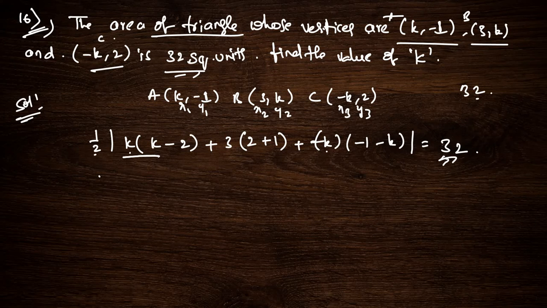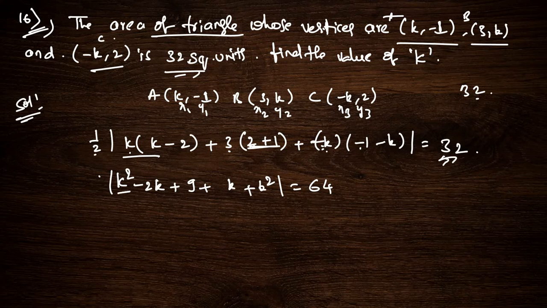So k into k square minus 2k plus 3 3s are 9 plus k into 1 minus k plus k into k square plus k square is equal to 64 here, mod.